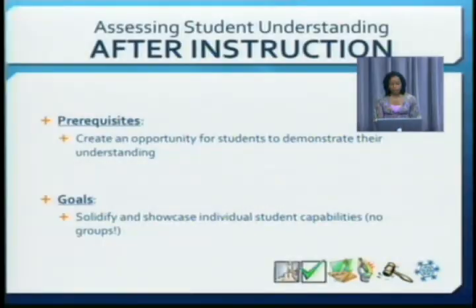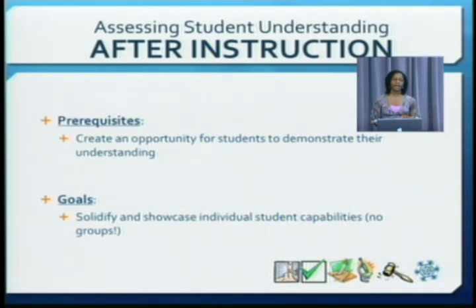So after the instruction, how to assess: did they actually get it? And are they going to remember it? One of the prerequisites for this is thinking about, based on what they needed to be able to do by the end of the course, what opportunity can I create for them that's going to force them to demonstrate that ability?